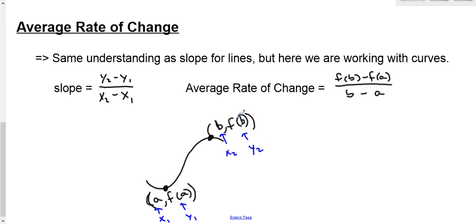So y2, which is your f of b, minus y1, which is your f of a, over your x2, which is b, minus your x1, which is a.